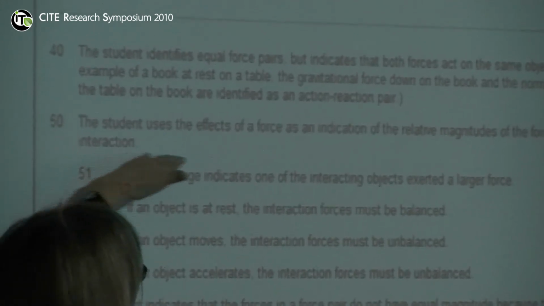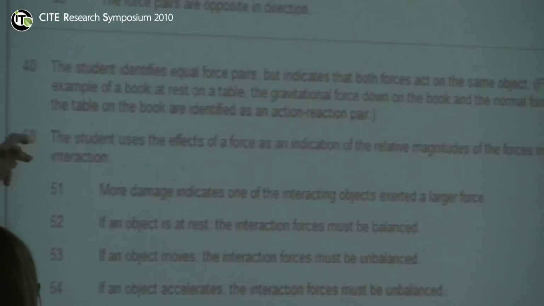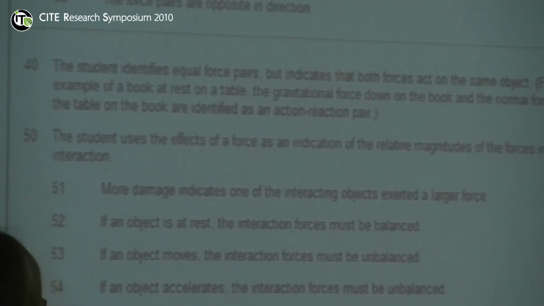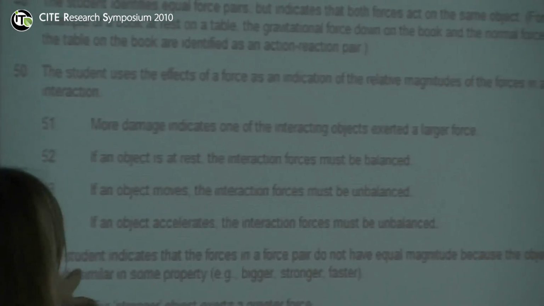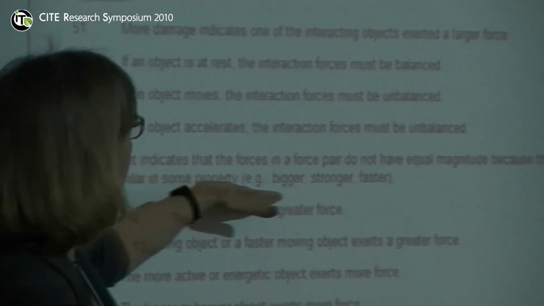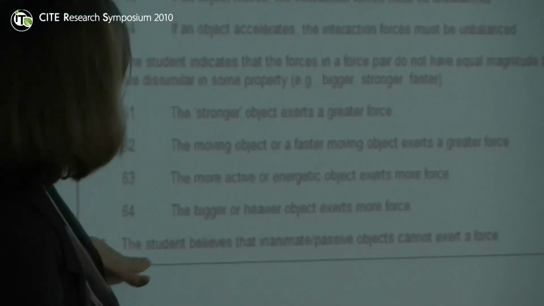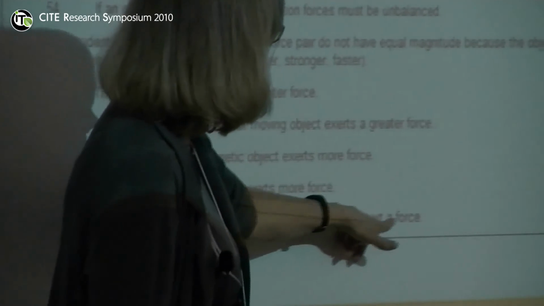The student uses the effects of a force as an indication of the relative magnitudes of the forces in an interaction. And there are various versions of this. Here's a worse understanding. The student indicates that the forces in a pair do not have equal magnitude because the objects are dissimilar in some property, like bigger, stronger, faster. And here's another one. The student believes that inanimate passive objects cannot exert a force.